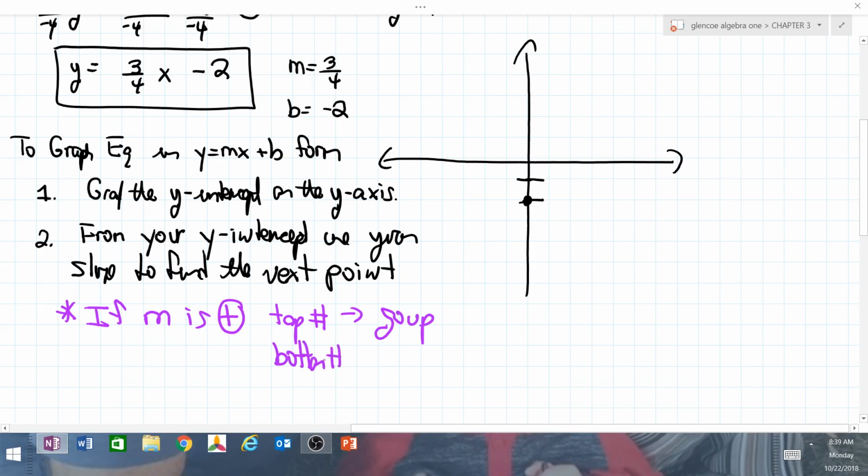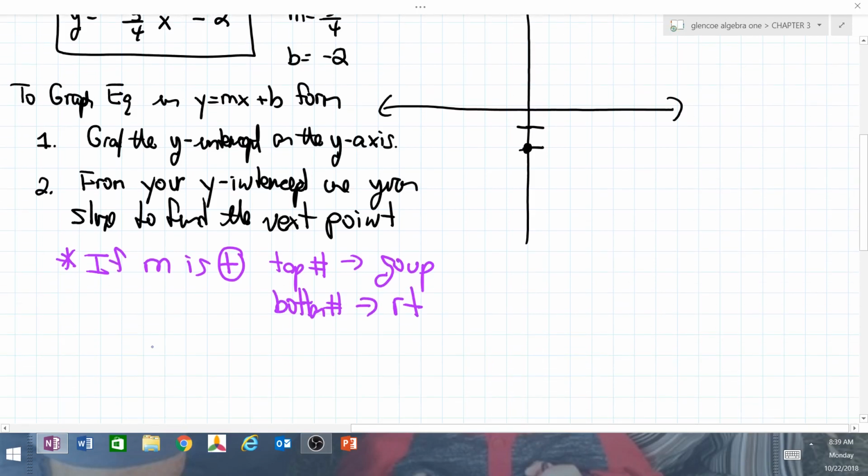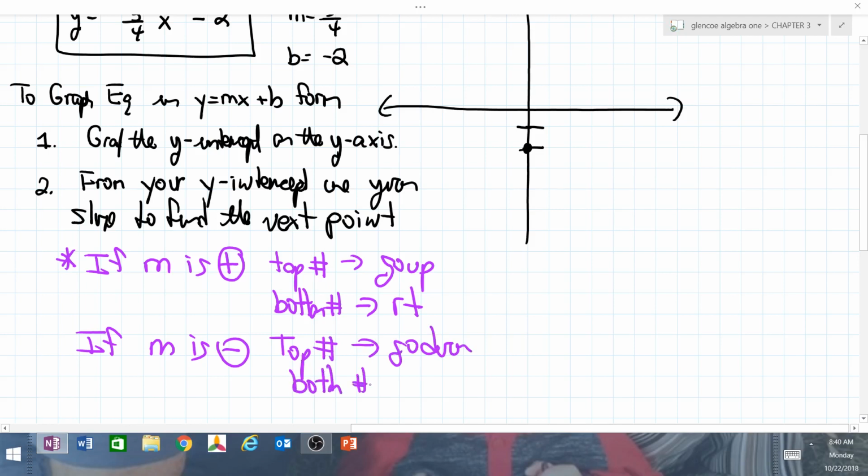The bottom number tells you to go right. If m is negative, the top number tells you to go down, and the bottom number, we're going to go right again.